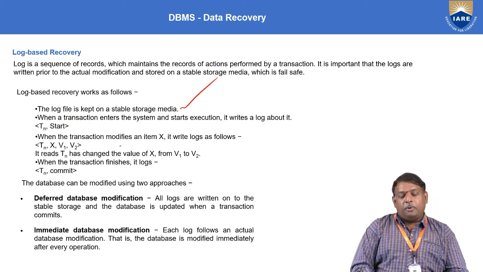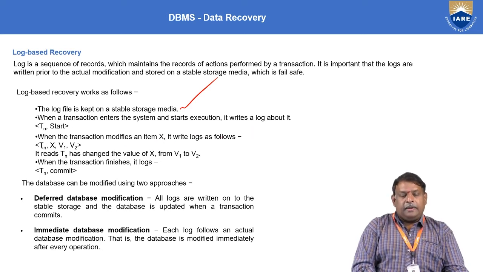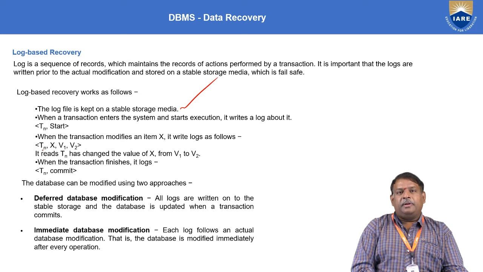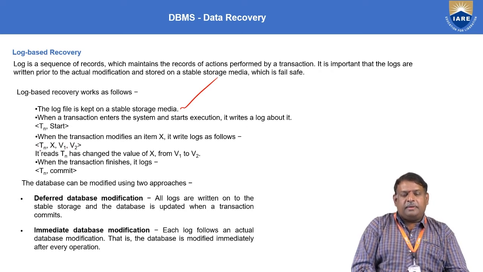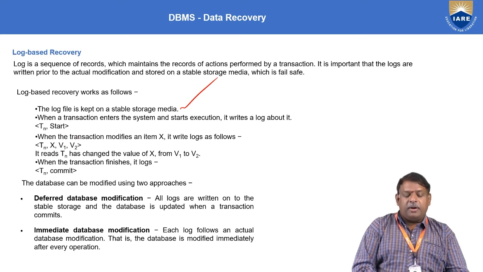When the transaction modifies an item X, it writes a log as follows: TN, X, V1, V2. TN is the transaction number, where N means any number. X is the data item which you want to modify. V1 is the original value. V2 is the modified value.